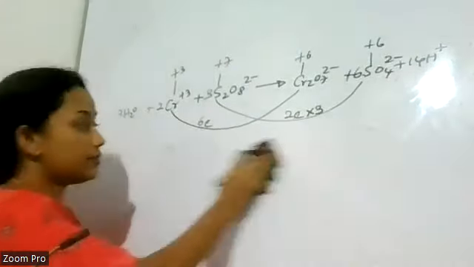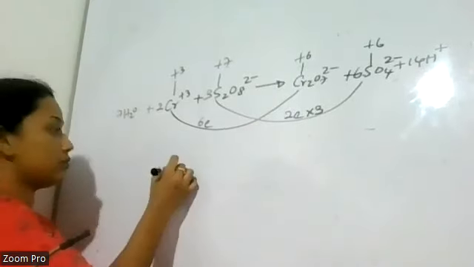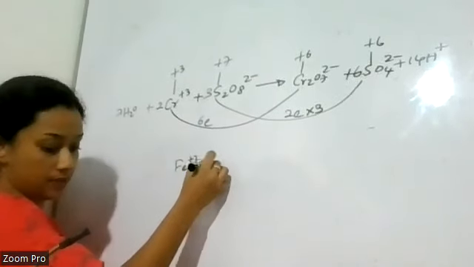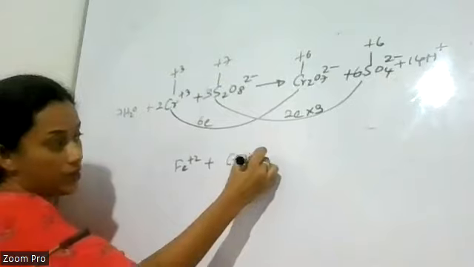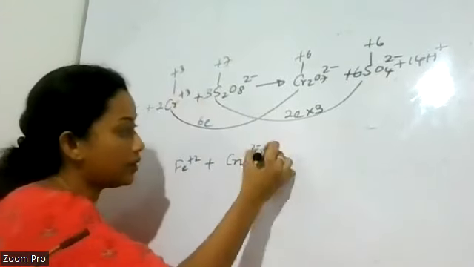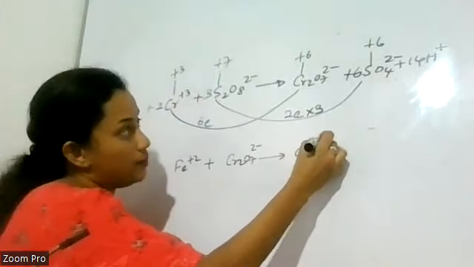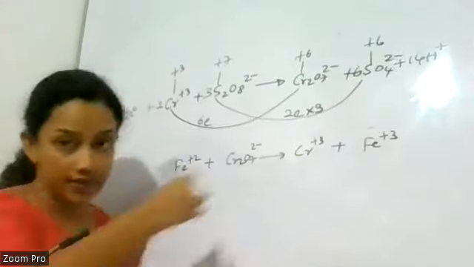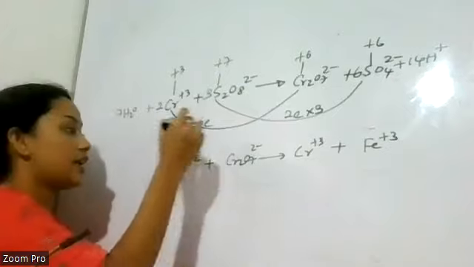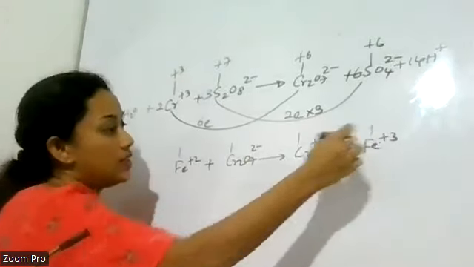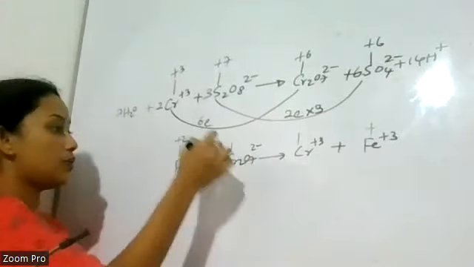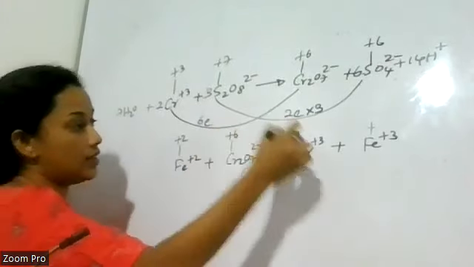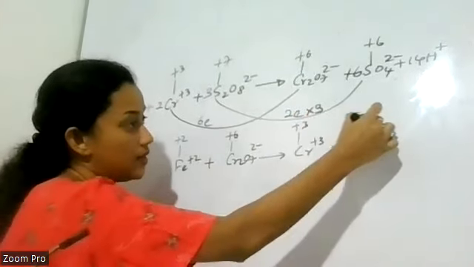Next example, Fe2 plus and Cr2O7 2 minus into Cr3 plus and Fe3 plus. Identify each oxidation number: plus 2 here, plus 6 here, plus 3 here, plus 3.